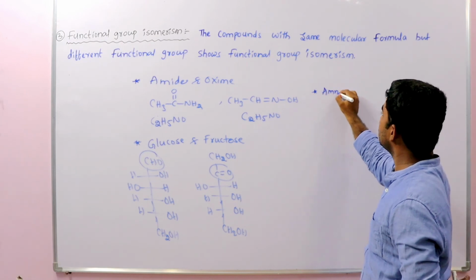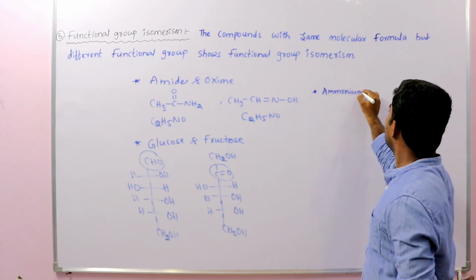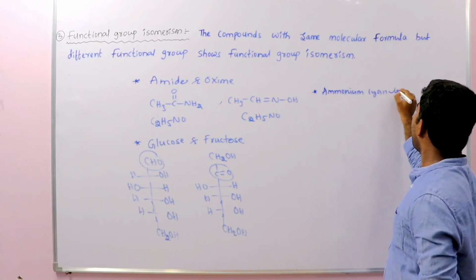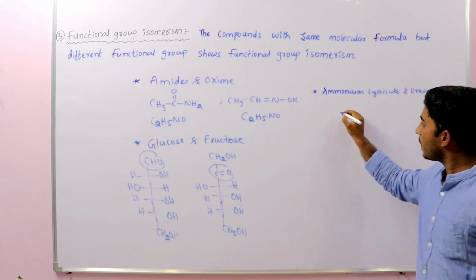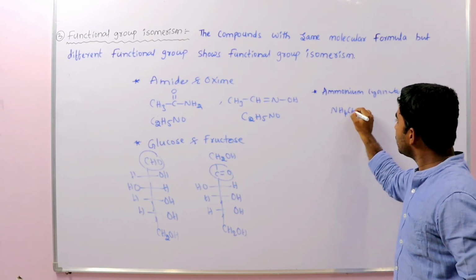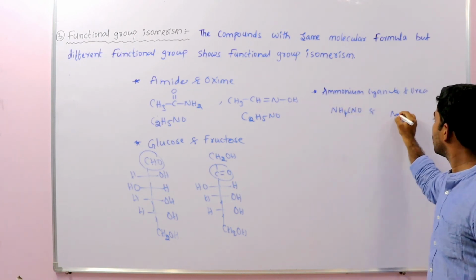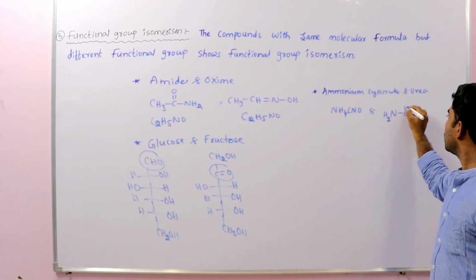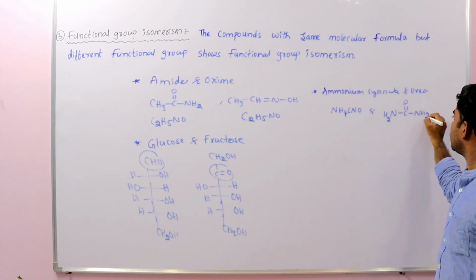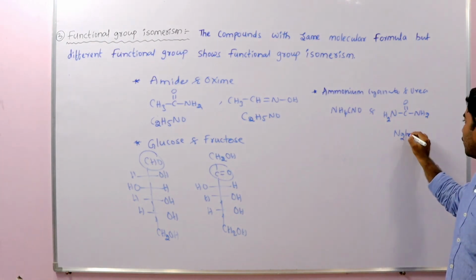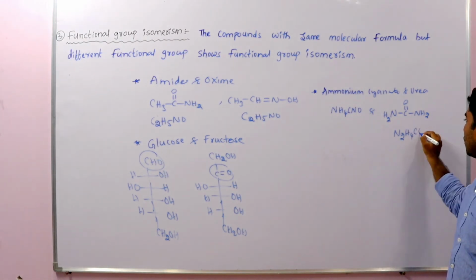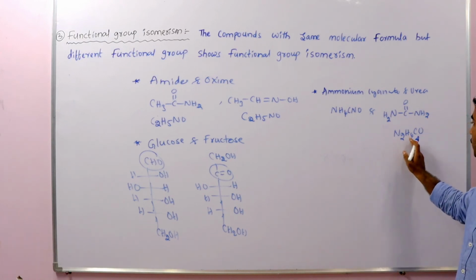Ammonium cyanate and urea. Here the formula is NH4CNO, and NH2 C double bond O NH2. 2 nitrogens and 4 hydrogens, 1 carbon and 1 oxygen, N2H4CO.